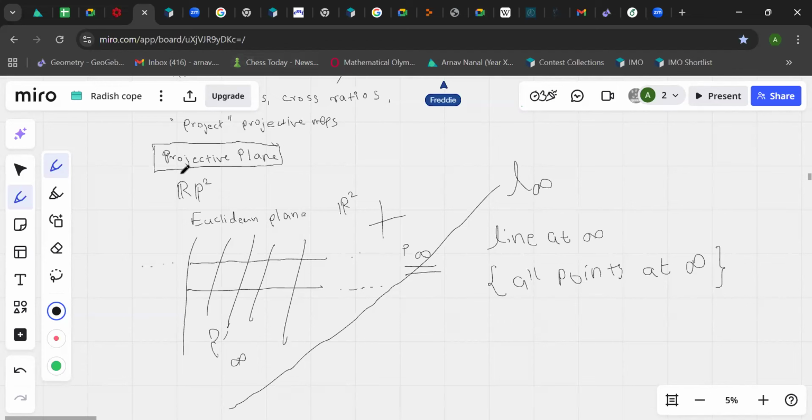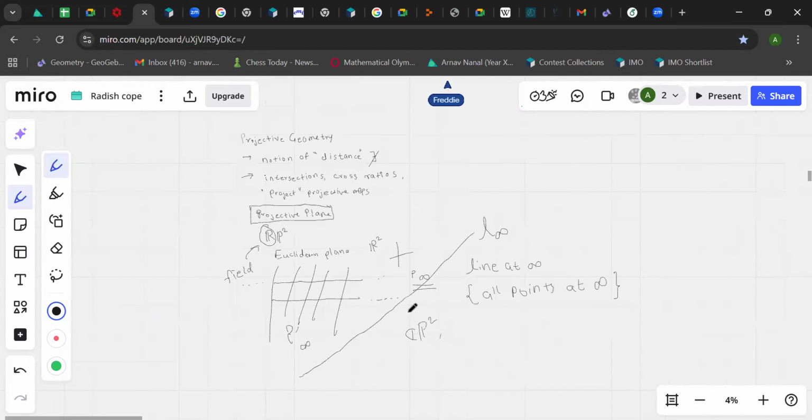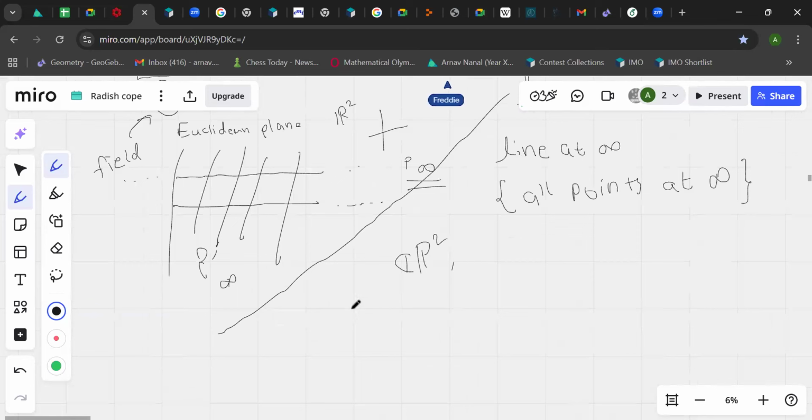I'll just speak about this RP square, and we will get there eventually. Basically, you can replace R by any field here. You can get CP square, you can get finite fields. But the point is, all the points you can represent as an ordered triple A:B:C, where A, B, C are real numbers and not all zero, so this is not equal to (0, 0, 0).